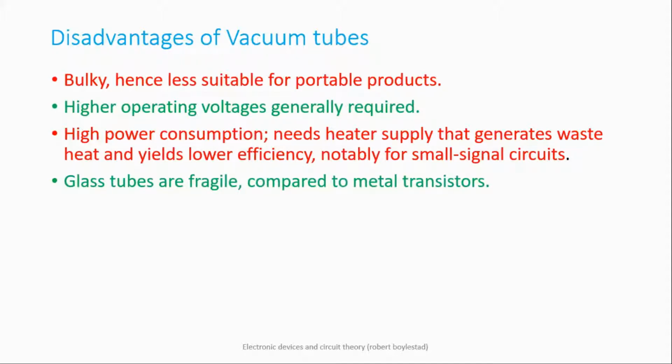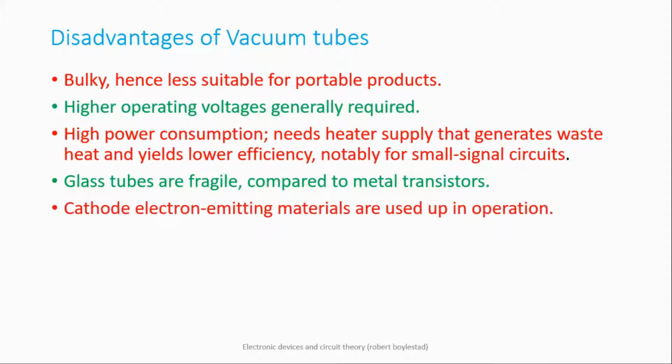Now vacuum tubes are covered in glass tubes, so they are fragile. Transistors are of metal or ceramics, so they are more robust compared to vacuum tubes. Then last, cathode electron emitting materials are used up in operation.